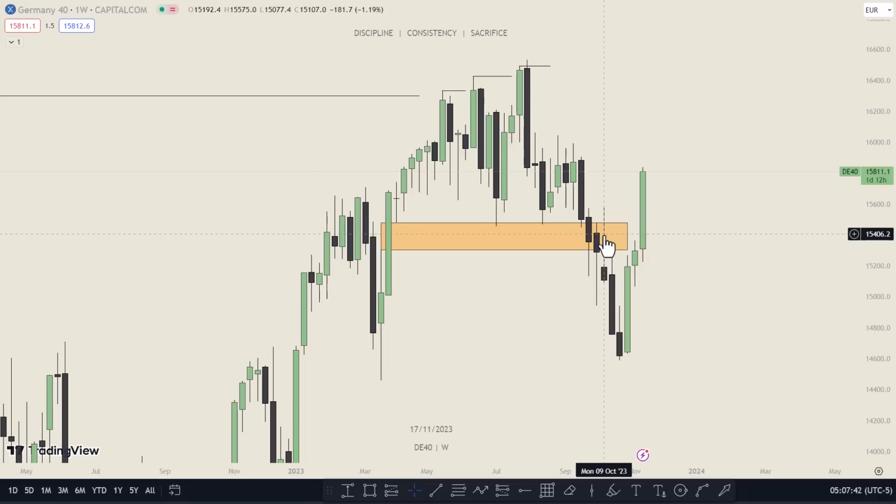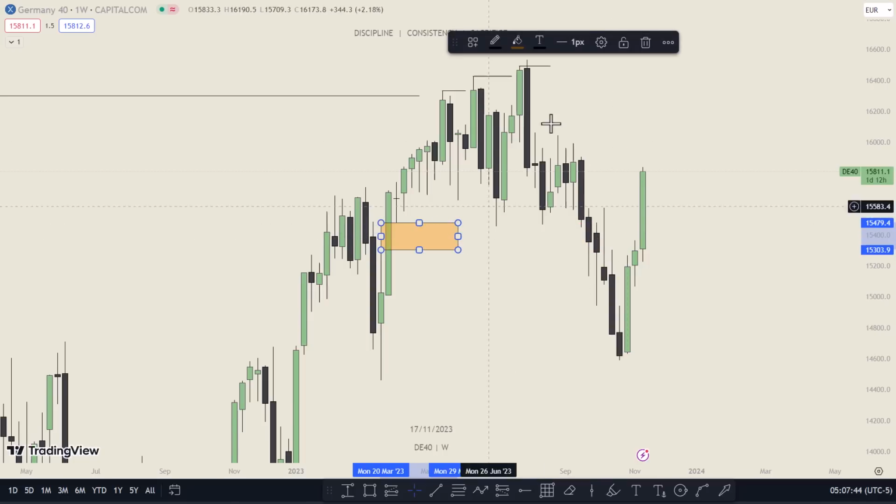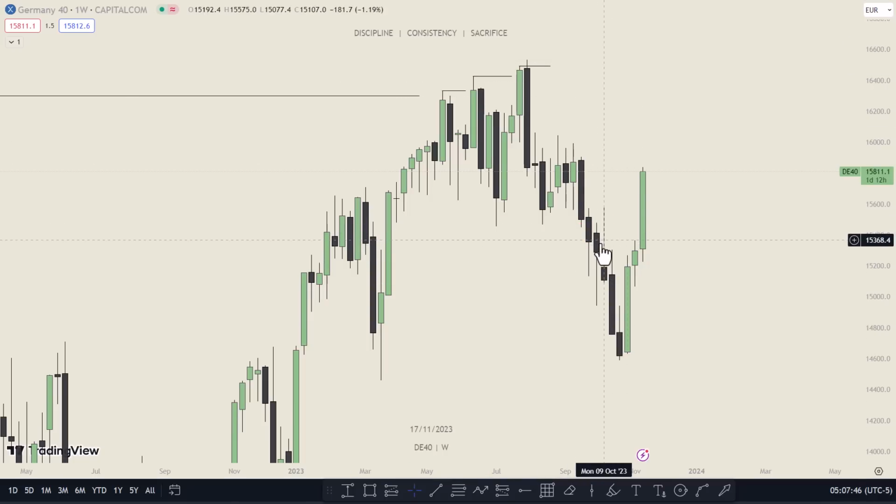Now let's forget about the inverted fair value gap right here, all right? Let's just remove it. When price is here, do you think it is more probable for price to go to here or to here? You need to identify the least resistance route, all right? The least resistance route is obviously this. We have an untapped pool of liquidity here. Here we have a lot of purchase, right? So price was constantly taking liquidity and taking buy stops from here.